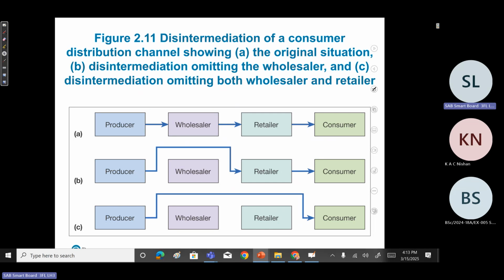Then the third concept was what? Counter-mediation. The third concept that I taught was counter-mediation. What's counter-mediation? Counter-mediation is similar to re-intermediation, but the difference is you are going to have your own subsidiary.